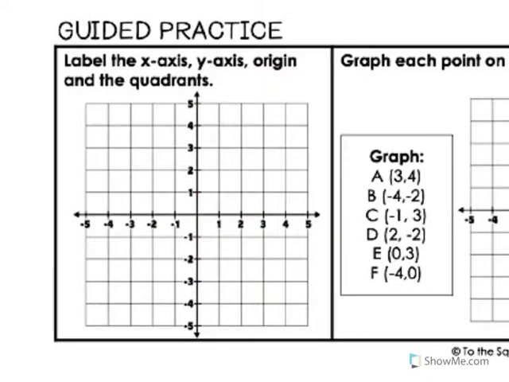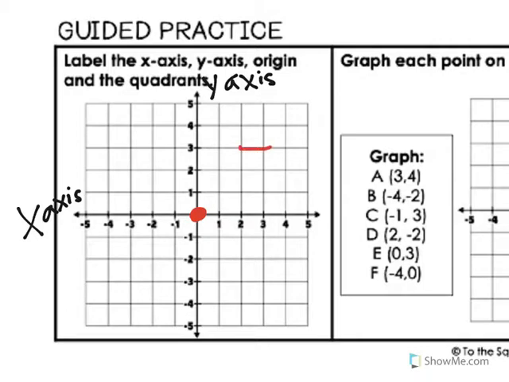Again, x-axis and y-axis. Then it says to label our origin. Remember, our origin is where the horizontal and vertical lines meet. That's our origin. Then it says to label the quadrants.